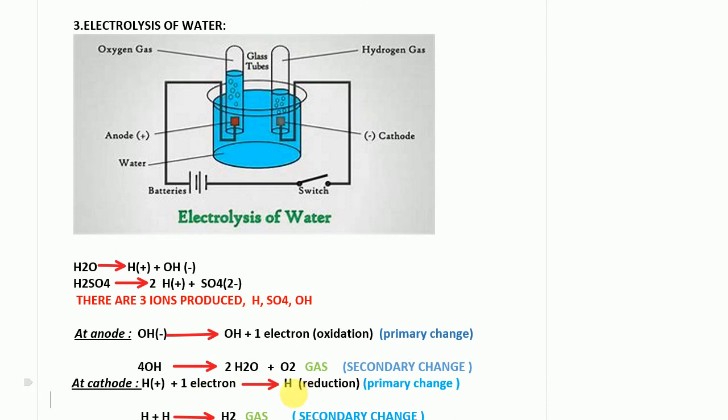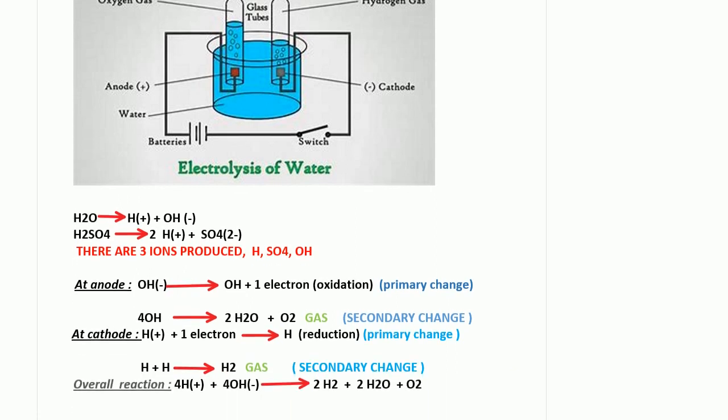Now, H in a monoatomic state is never stable. The normal H atom which is formed is never stable because it is in a monoatomic state. It needs to be in a diatomic state. Therefore, H and H will combine and form H2 gas. So this is the H2 gas which you can see over here. This change which is happening after the acceptance of electron is known as the secondary change.